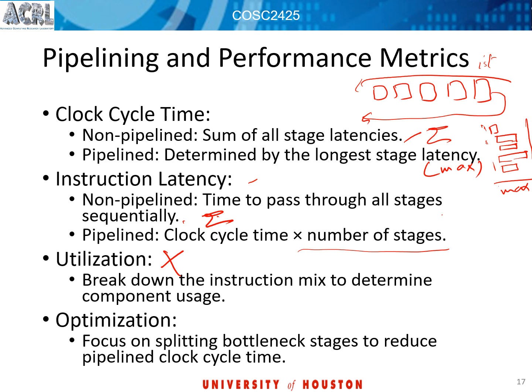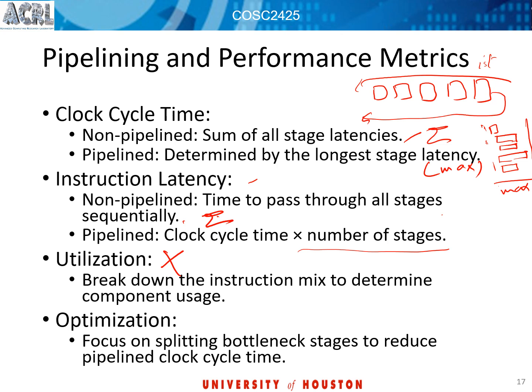For example, if you create a program that has 100% R-type instructions, then it doesn't make sense to blame memory for the latency, because you have 100% utilization of the ALU and the decode stage, and those are more important for this particular program.